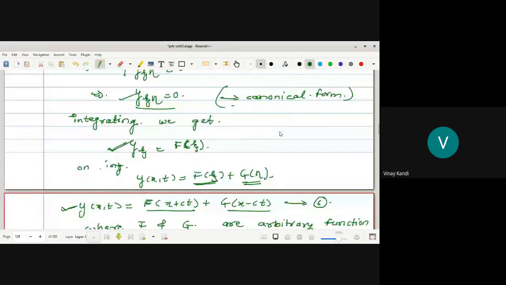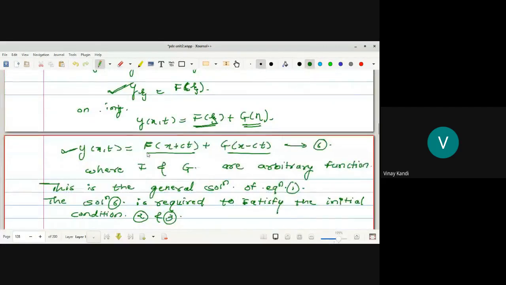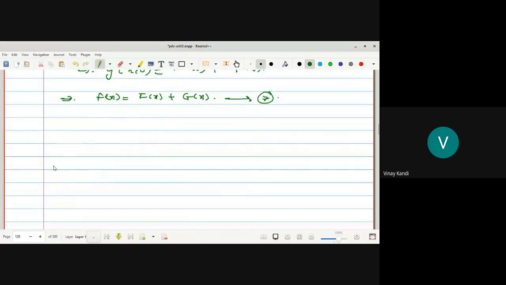So differentiate equation number 6 partially with respect to t. We get the velocity.